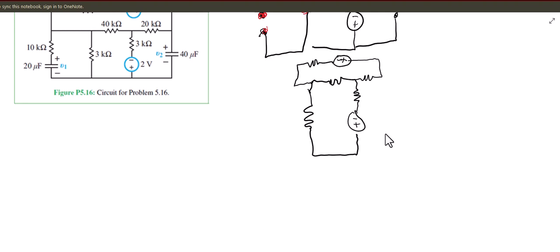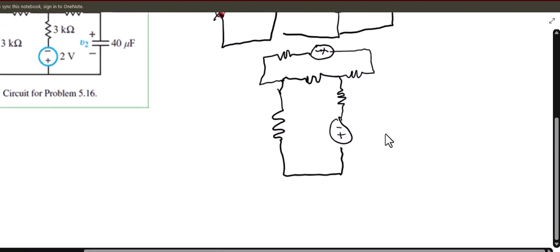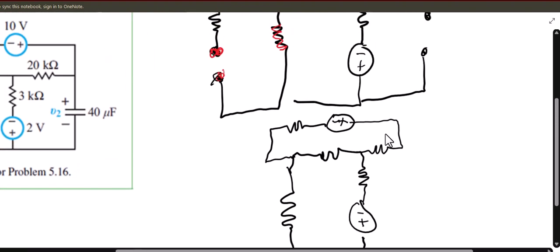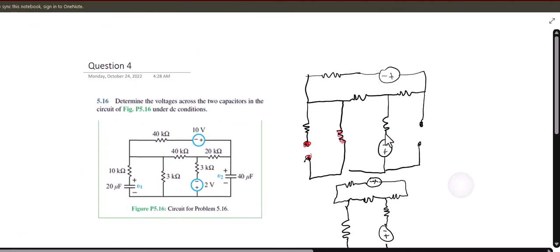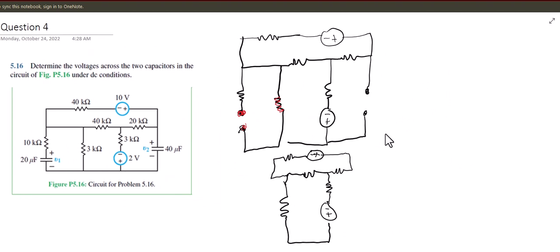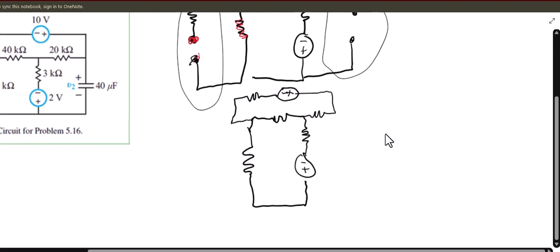Basically, what I did was I took off this branch and this branch, and I'm just left with this inside sort of T part.